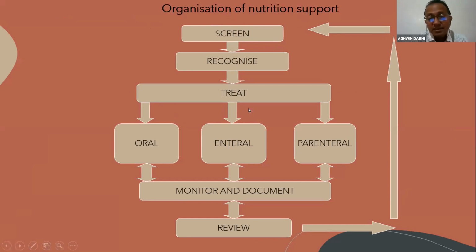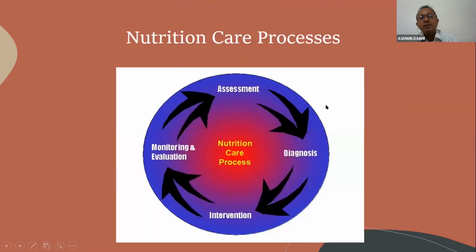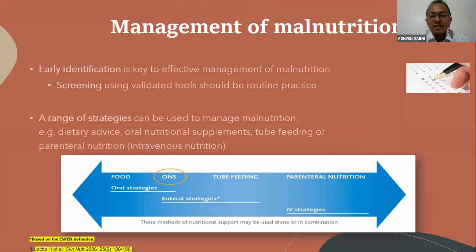And if by some means you are not able to use the gut, then parenteral nutrition becomes very important. And over and above, after doing the intervention, you have to monitor, review, reassess, and then again make changes. So this is a cascade we will be entering and re-entering again and again. So it is very important to understand the nutrition care process. It's an ongoing process unless the patient's nutritional parameters become correctable.